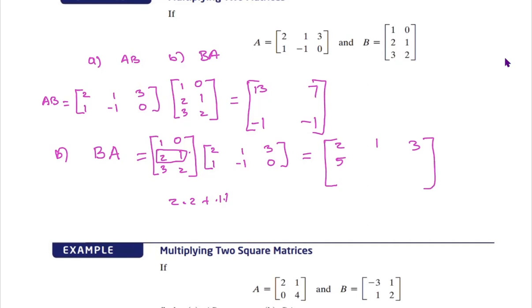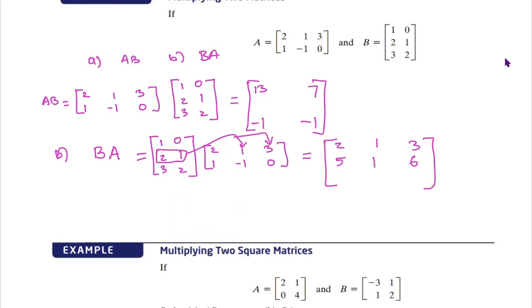And then now let's do the second column. 2 times 1, 2, and 1 times negative 1, minus 1, so that's 1. And then let's do the third column. That is 2 times 3, 6, 6 plus 0, 6.